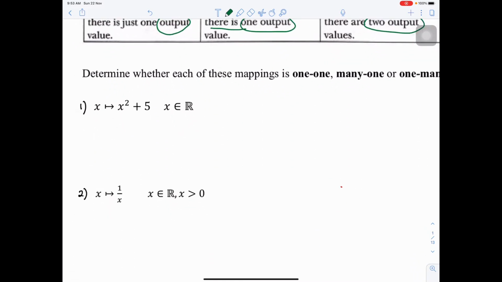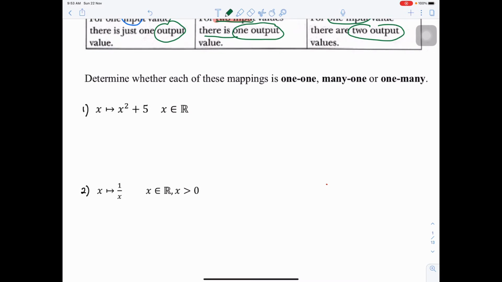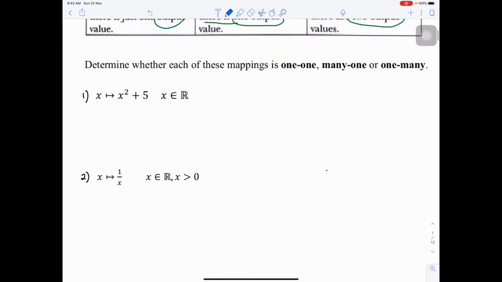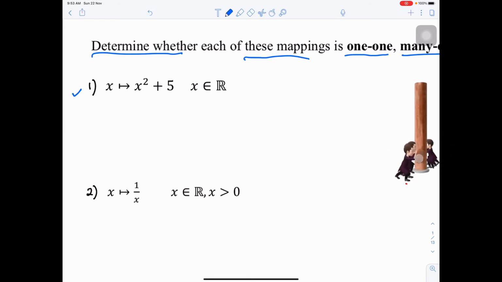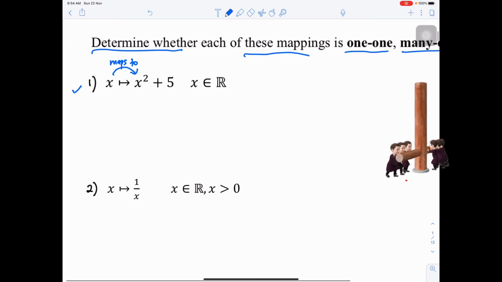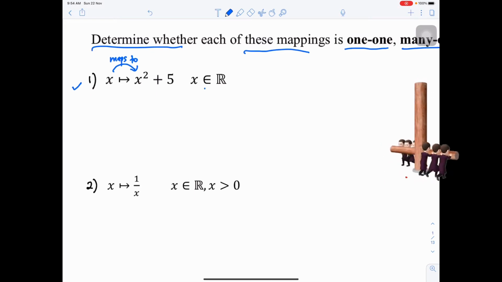Straight away we go to an example. Determine whether each of these mappings is one to one, many to one, or one to many. First example: x maps to x squared plus 5, where x is a real number.